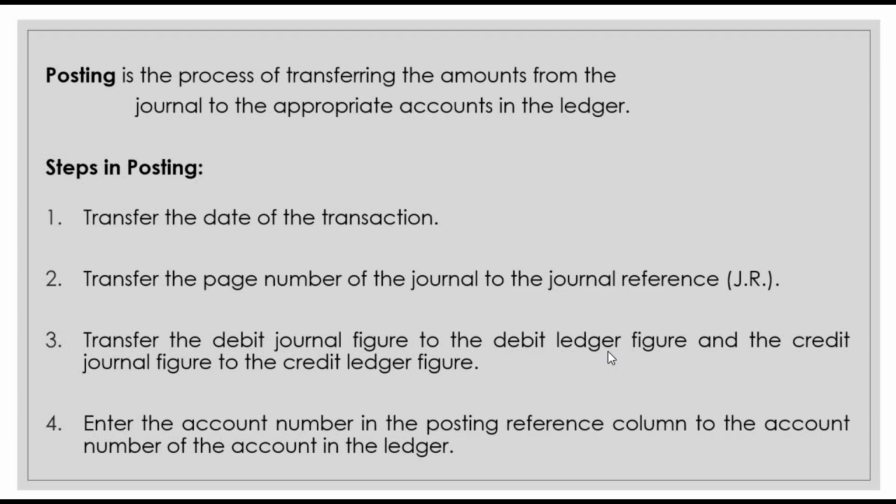Or if that is a credit figure in your journal, then you have to place it in the credit side of your ledger. Fourth, you enter the account number in the posting reference column of the journal to the account number of the account in the ledger. Later I'll illustrate this to you.